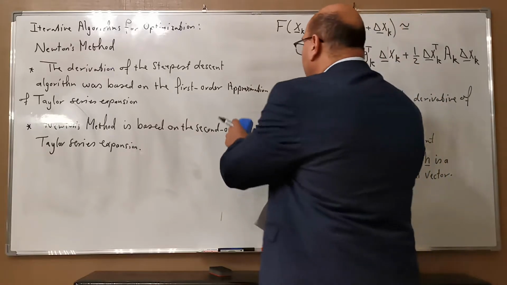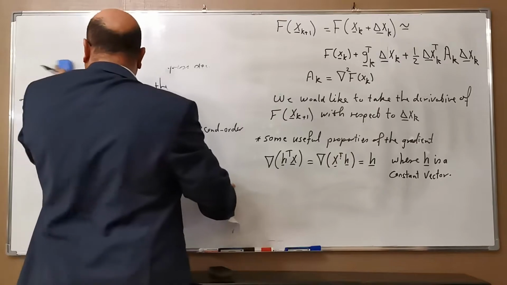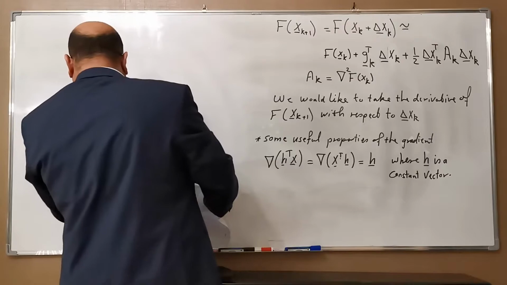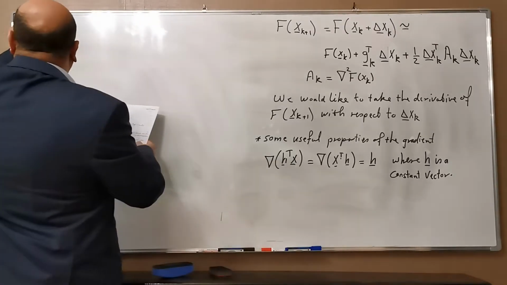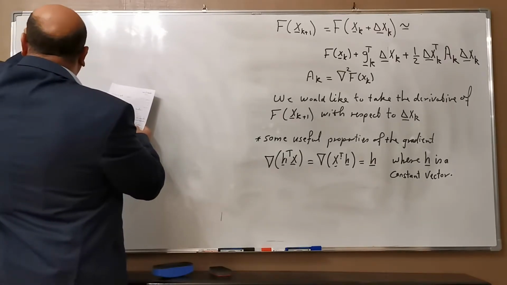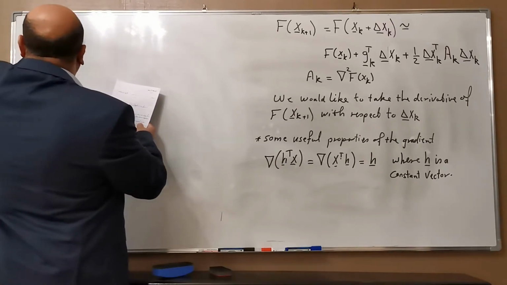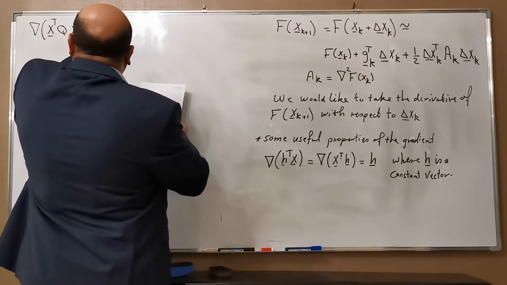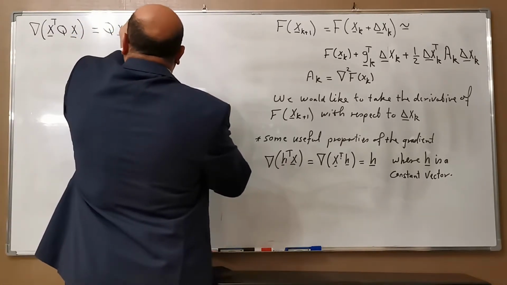Okay, one more property that is also important to us at this moment, which is the multiplication of the second order. So the gradient of x transpose Q x is equal to Q x plus Q transpose x.